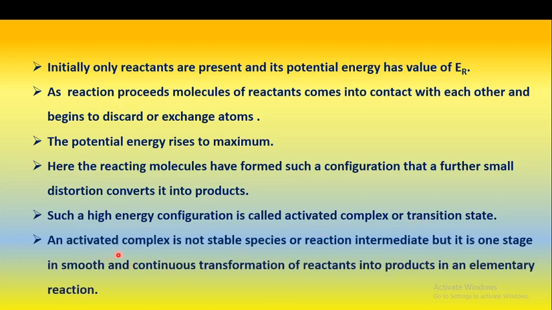The activated complex is not a stable species or a reaction intermediate, but it is one of the stages in the smooth and continuous transformation of reactants into products in an elementary reaction.